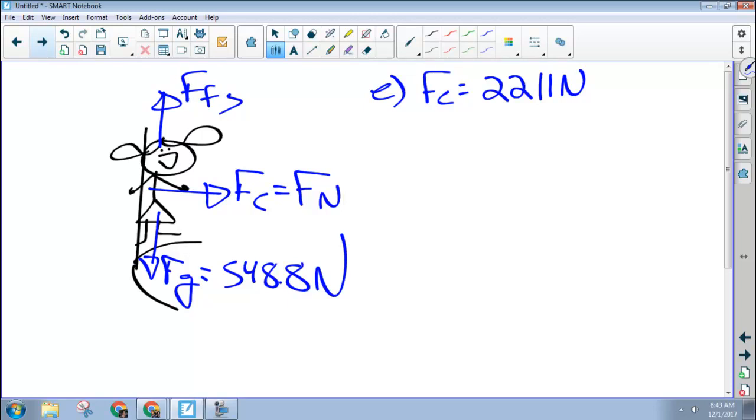How much static friction? About 548 newtons. Does that make sense, you guys? It's got to be, because otherwise you would slide down the wall, wouldn't you?